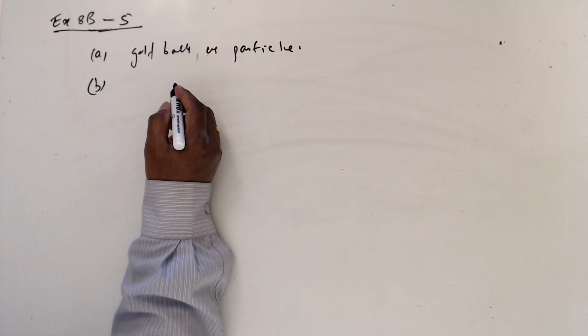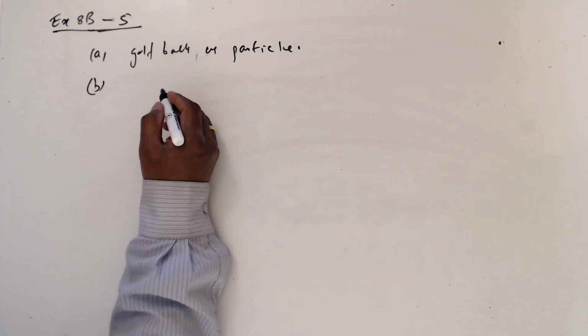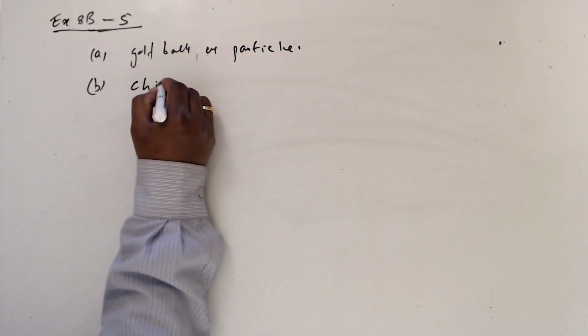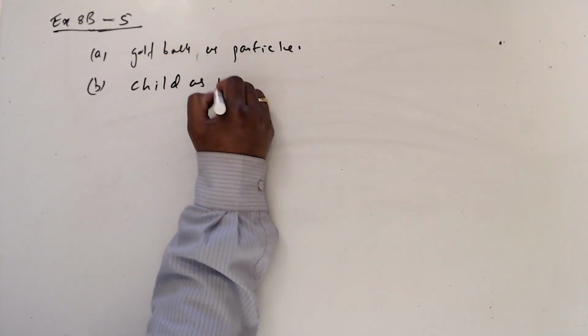And part B, the motion of a child on a sledge down a snow covered slope. So we can assume the child as a particle.